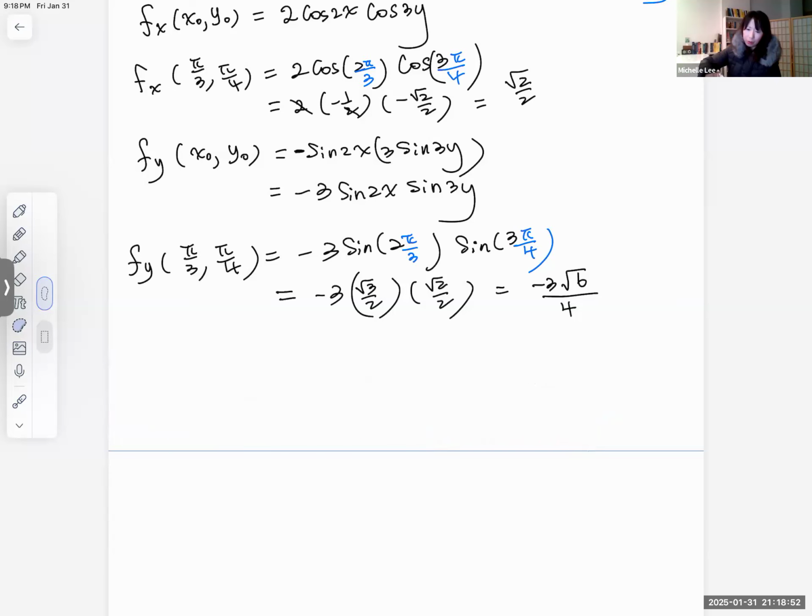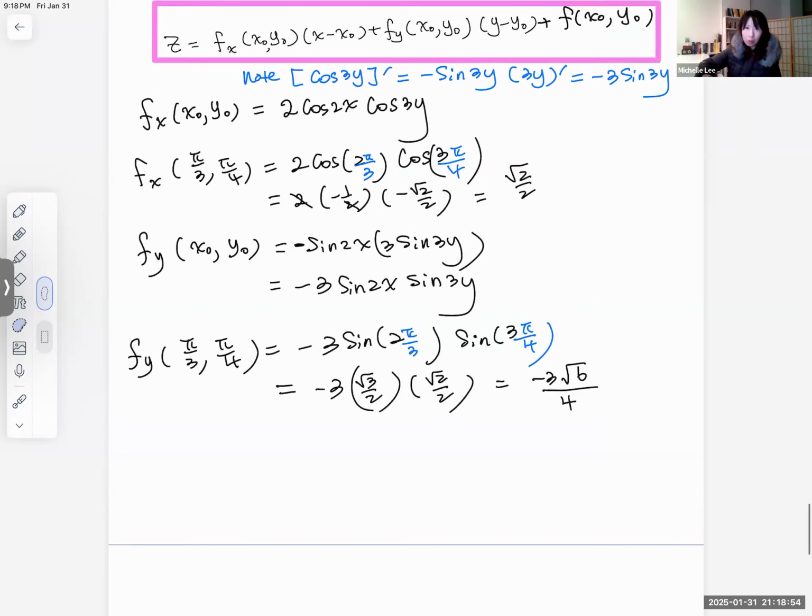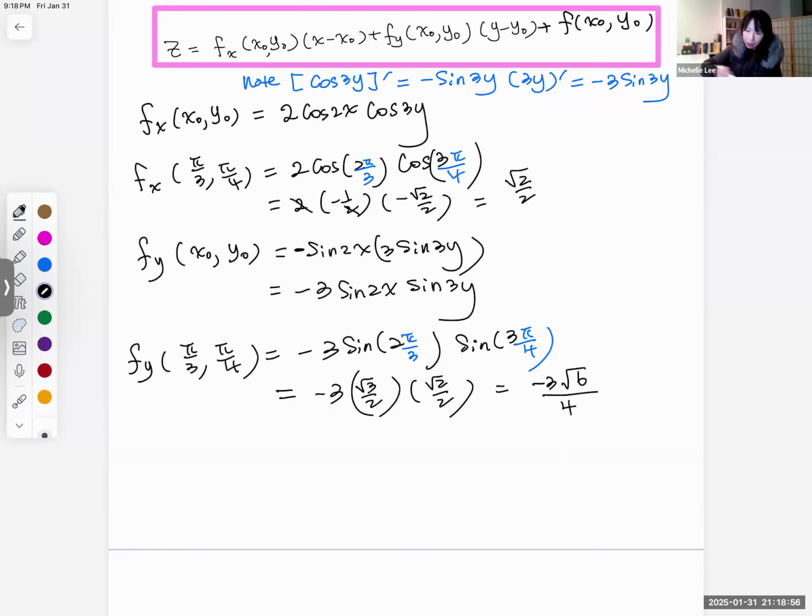We can just do that without that, right? We can take a look because I need the space. Z equal to partial derivative with respect to x when x naught, y naught equal to this. So we have square root of 2 over 2. And then x minus x naught, which is pi over 3, right?